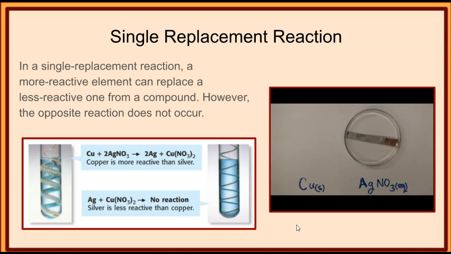You'll notice that the surface of the copper that's immersed in silver nitrate is starting to plate silver metal.